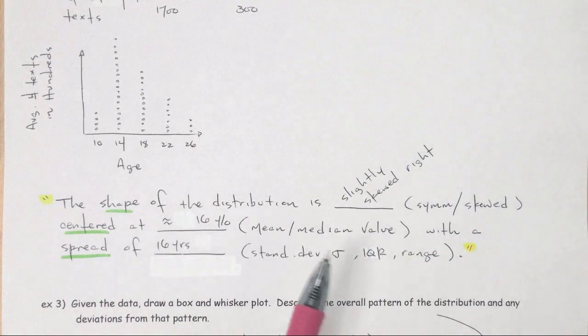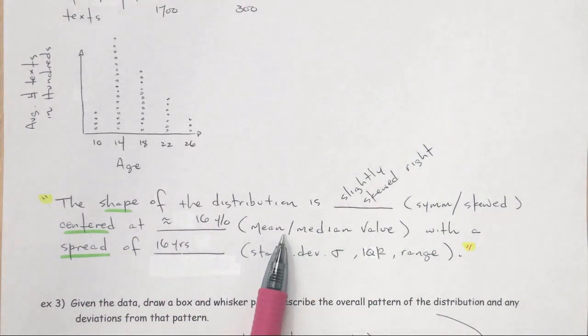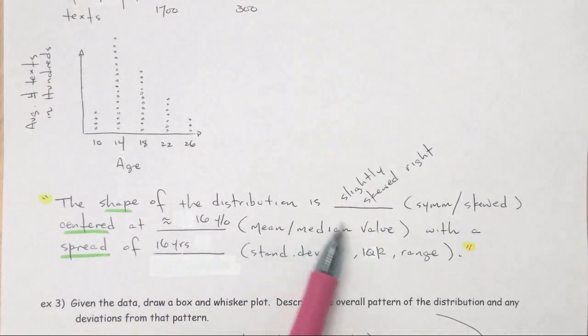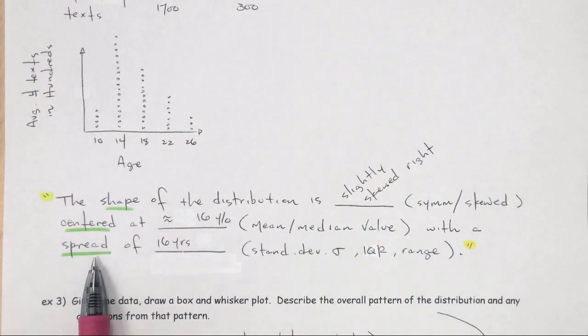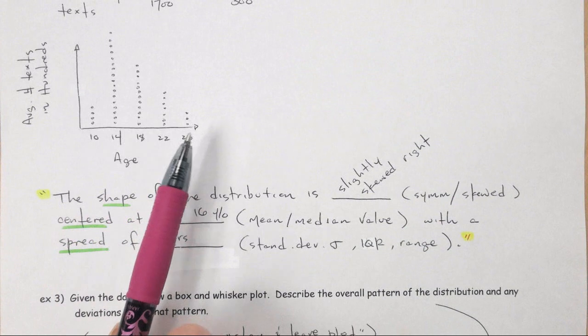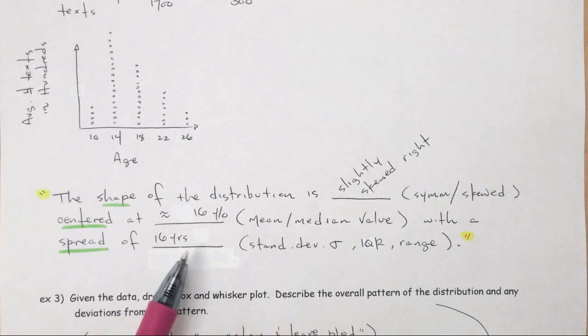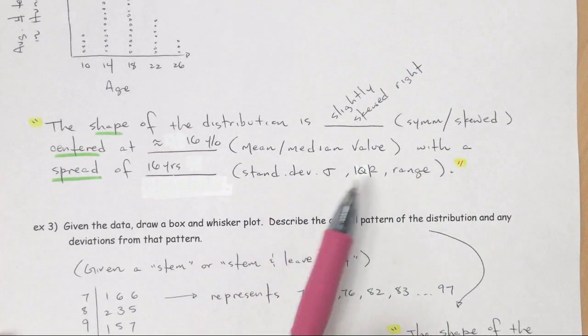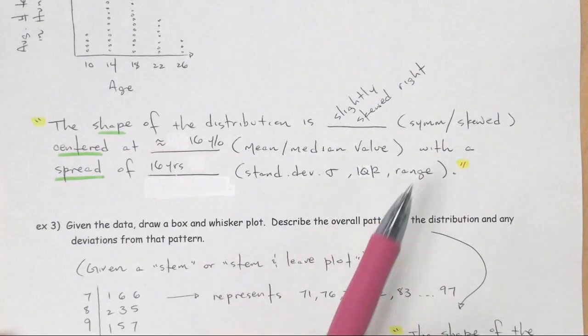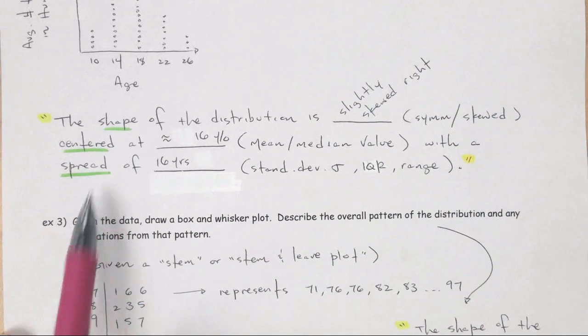The center is going to be the median or mean value, whatever is easiest to find. Usually it's the median. With a spread of, and then you just count the spread. So the spread of 26 years old all the way to 10 years old is 16, right? So the range is 16. That's going to be some sort of range, standard deviation, IQR. So you want to mention the shape, the center, and the spread.